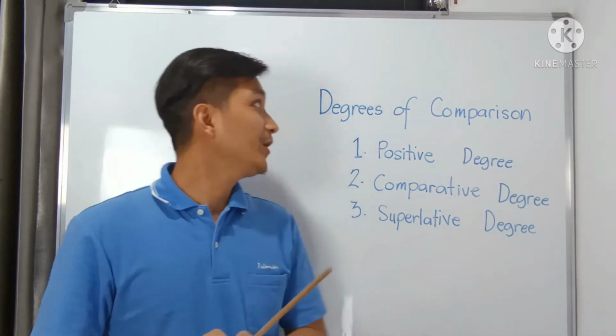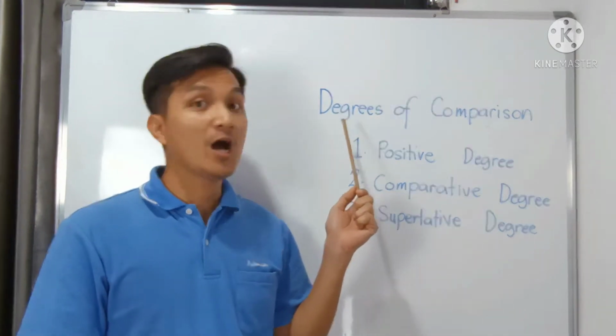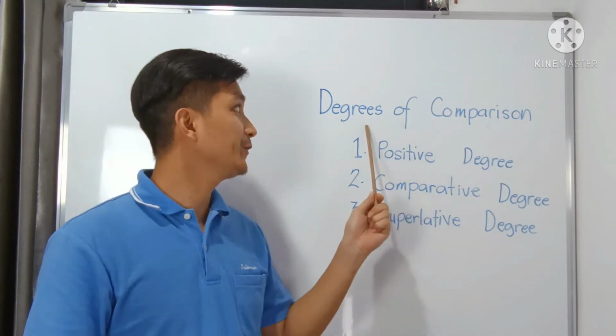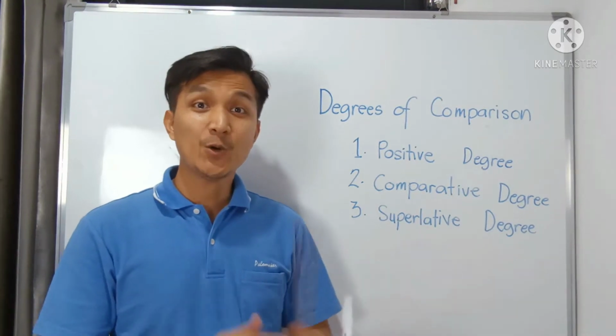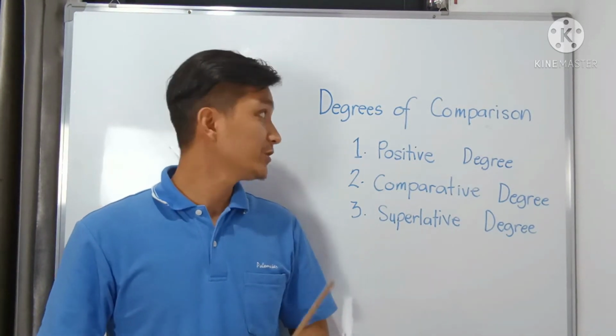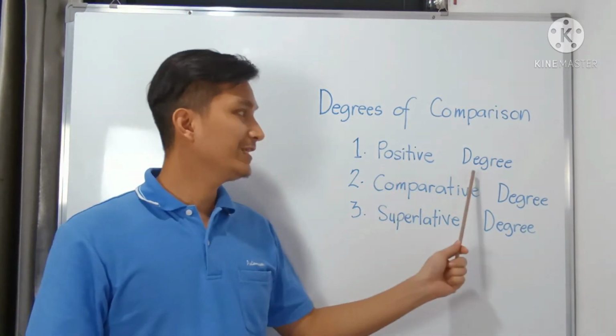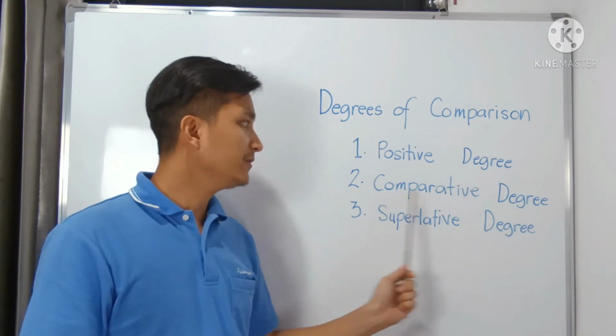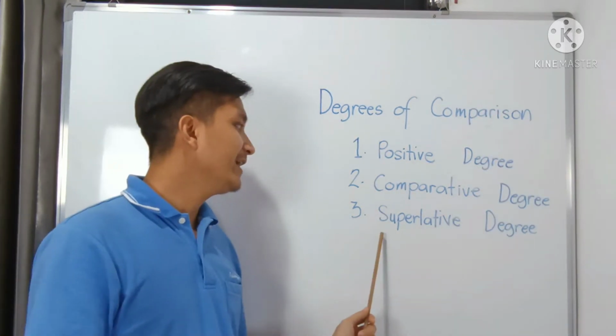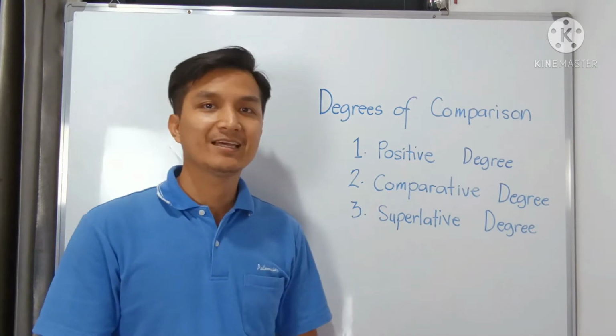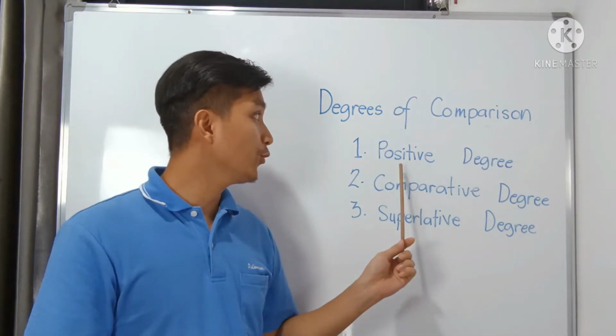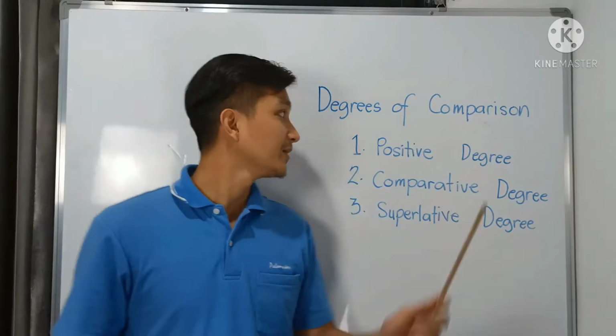Students, remember I gave you a homework about the degrees of comparison. The degrees of comparison are positive degree, comparative degree, and superlative degree. Let me explain what the positive degree is.